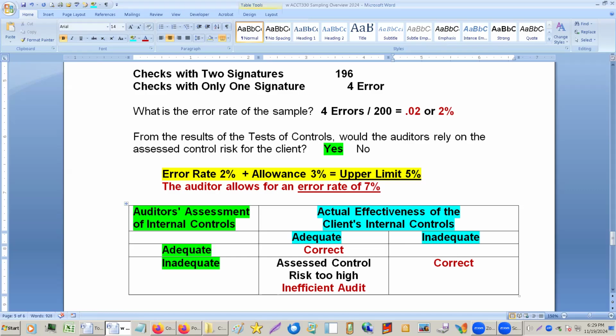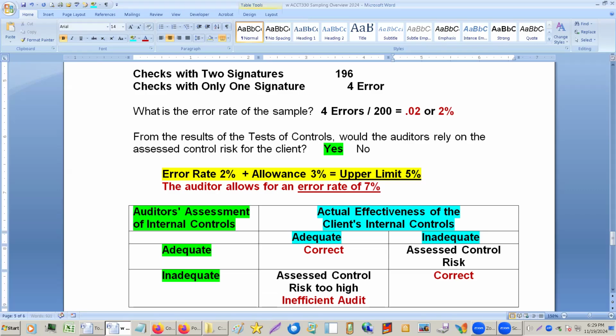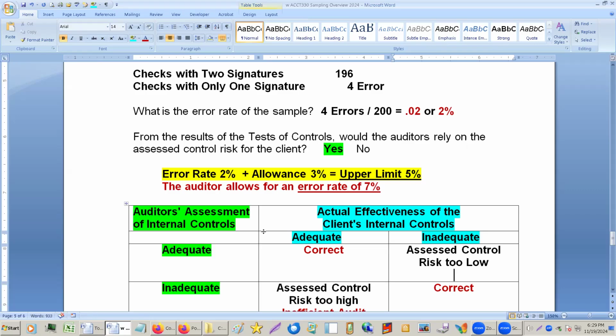Okay, assess control risk too low. So you think that everything is okay because of your sample, right? You're up here, you go, oh, okay, everything's fine.